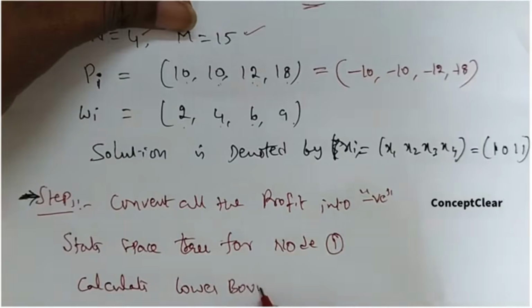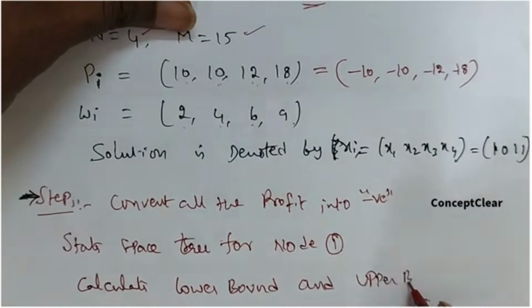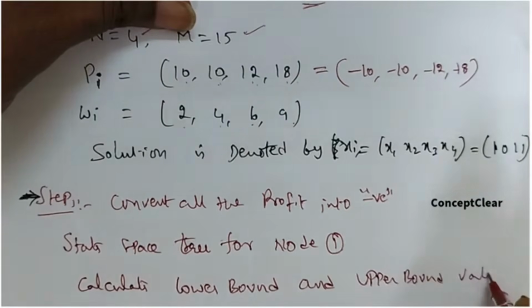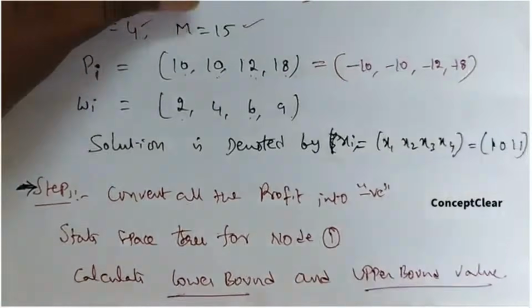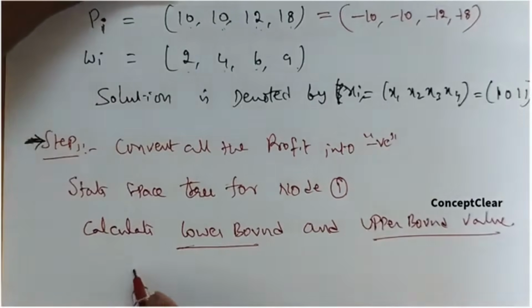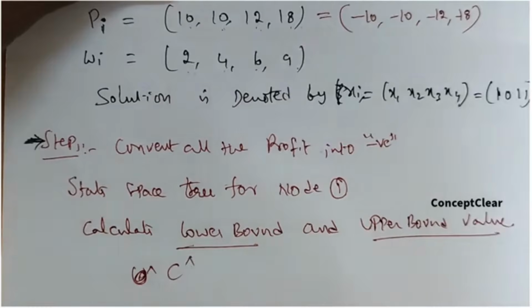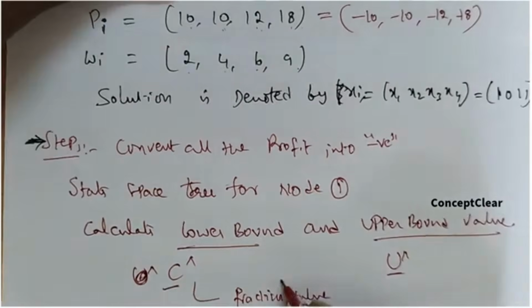The lower bound value is denoted with C cap, and the upper bound value is denoted with U cap. In the lower bound value, fraction values are accepted; a fraction value is allowed.